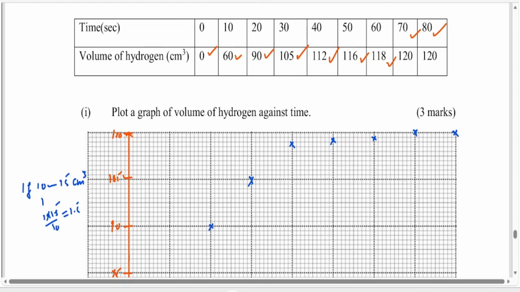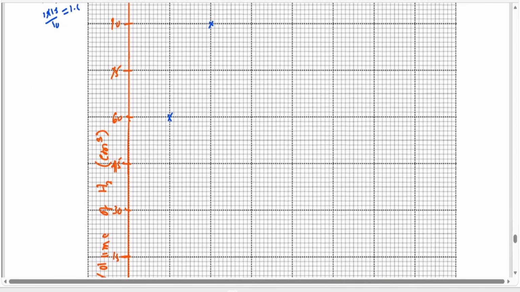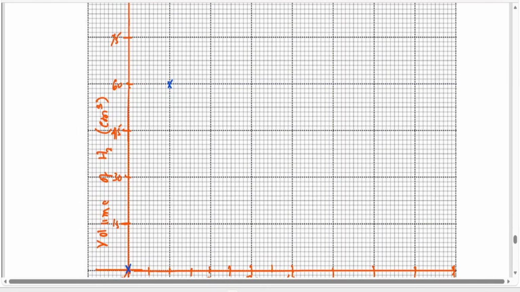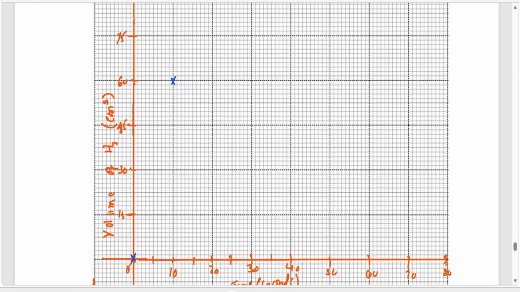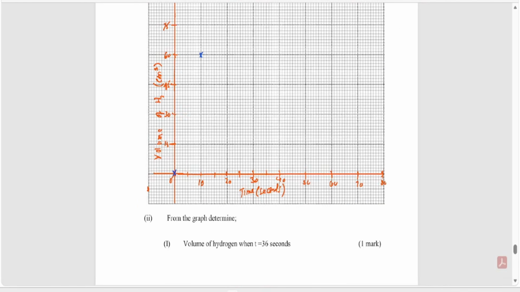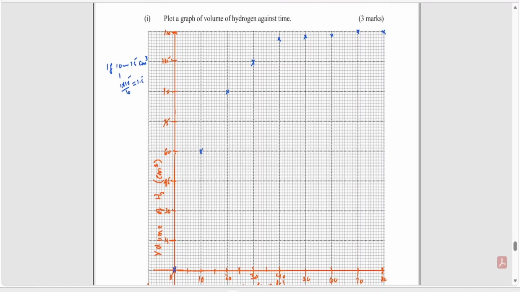So if I was to plot this, I'm going to minimize so that I have a smooth curve. So please, learners, take note of my scale.